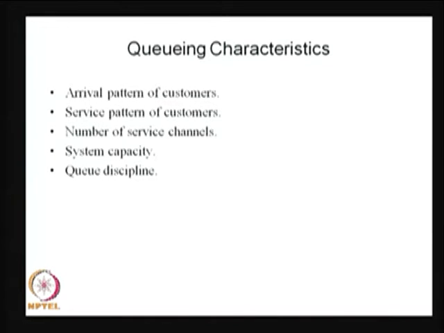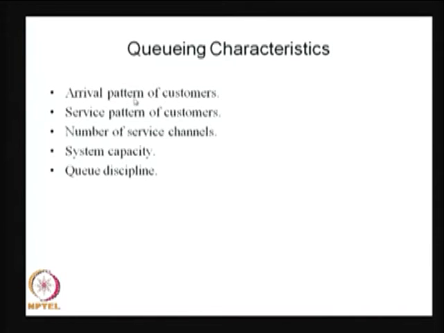If it is constant, then we say the inter-arrival time is deterministic. If the inter-arrival time is a random variable, then we should know its distribution. This information is needed to define the arrival pattern.